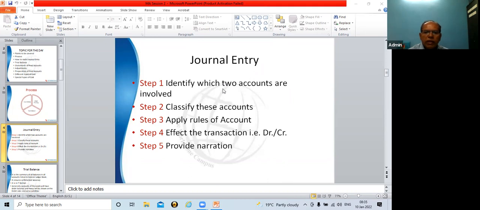Not necessarily every time there will be 2 accounts. Sometimes there might be more than 2 accounts also. In this transaction, there are more than 2 accounts. Mr. Amit commenced business with cash 10,000, machinery 10,000, building 30,000, and furniture 15,000. So how many things has Amit given to the business? Cash, machinery, building, and furniture. Total 4 things.